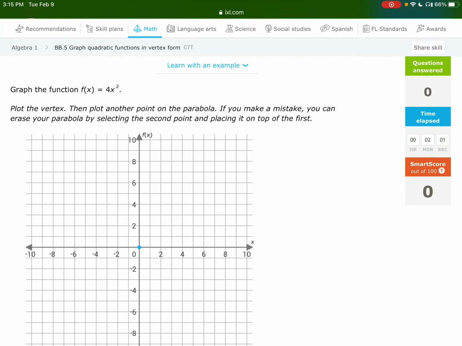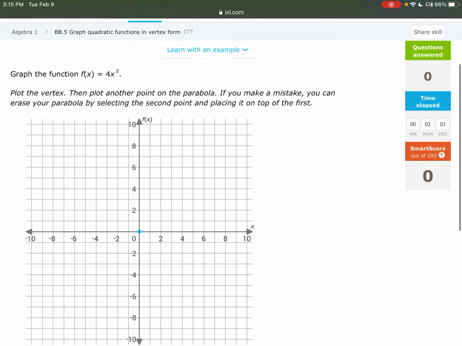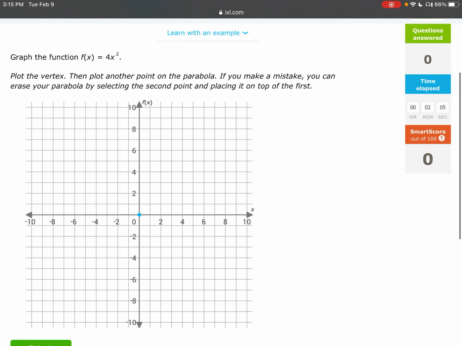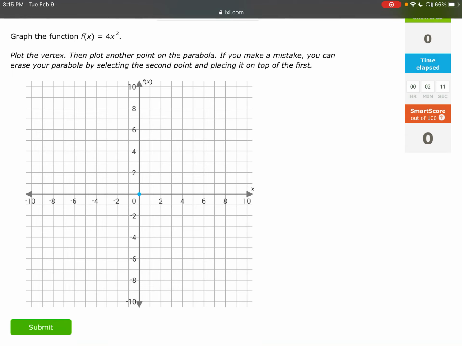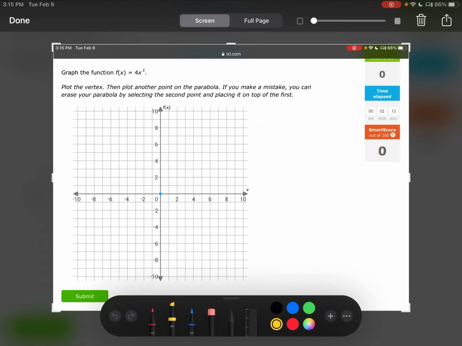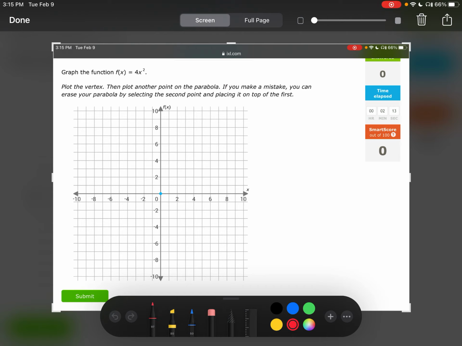Okay, we are going to run through our BB.5, graph the function in Vertex form. So we're going to use our transformations here, and I'm going to start with a little snippet so that I can write on it. So my function is 4x squared.